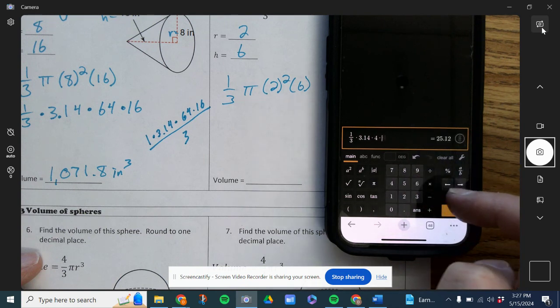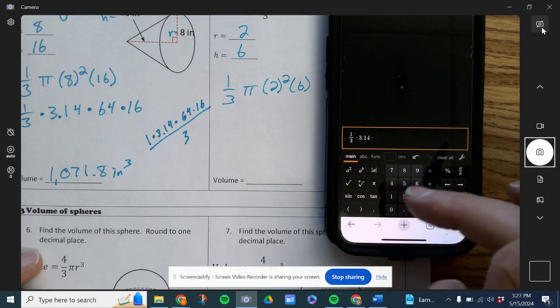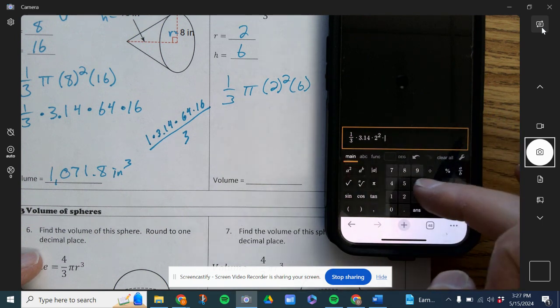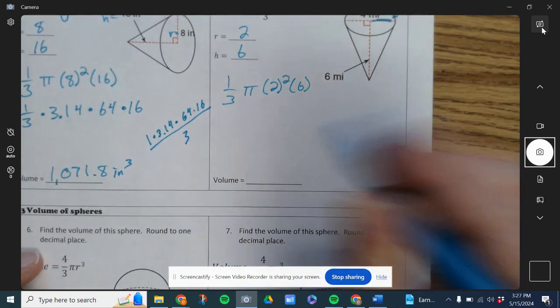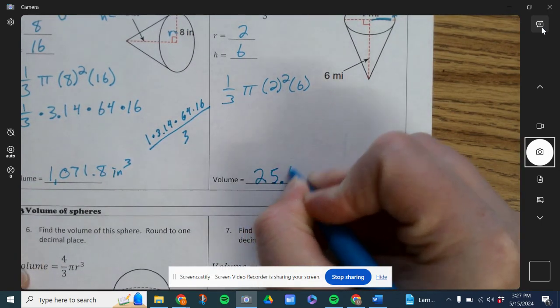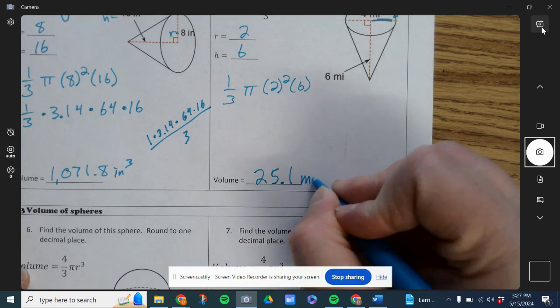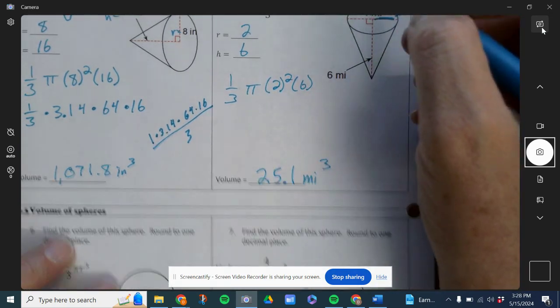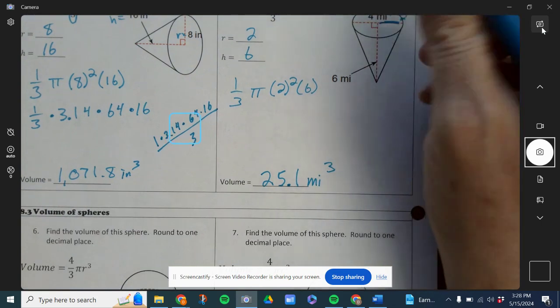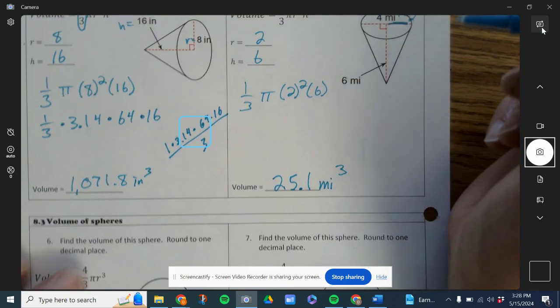I mean, you could even just straight up do 2 squared times 6. It's going to give you the same thing, right? So that's 25.1 miles. That's a very large cone. Miles cubed for the volume. Again, volume is the space inside a three-dimensional shape, inside these cones.